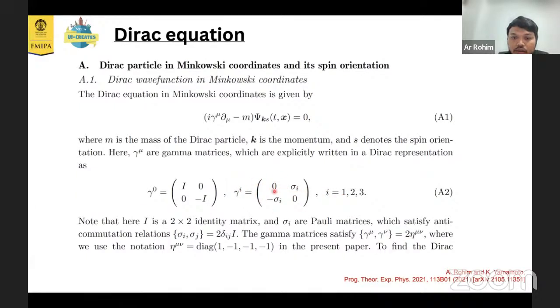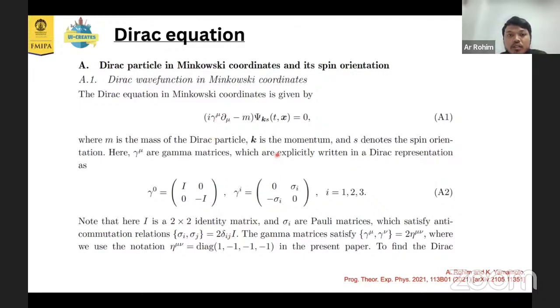And the content is given by this one, where sigma a are Pauli matrices. And the Pauli matrices should satisfy the anti-commutation relations, sigma i sigma j anti-commutator equals 2 delta ij multiplied by the identity matrix, and delta ij here gives the value of 1 when i equals j, and gives the value of 0 when i differs from j.